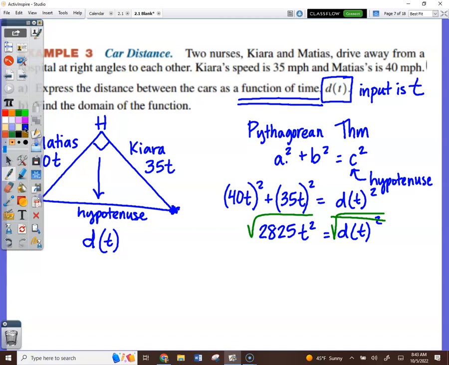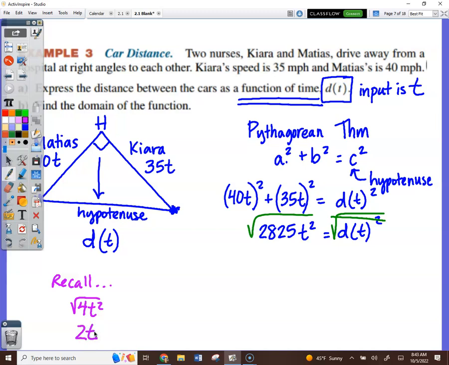You can take the square root of these individual pieces here. Let's go to something simple. Recall, if you had the square root of, I'm going to make it simple, like 4t squared. That would be the square root of 4 is 2, and the square root of t squared is t.